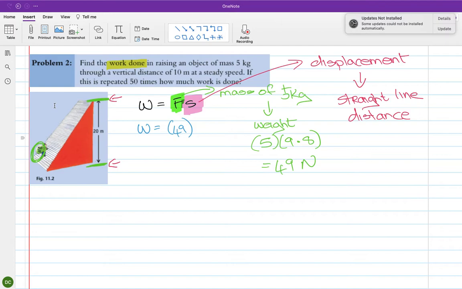Because he's going upstairs, it's a vertical distance. There's no calculation needed, it's 20 metres. We don't take into account the diagonal distance up the stairs. All we care about is that he carried it against gravity for a 20 metre vertical distance. So that's what I put in here.